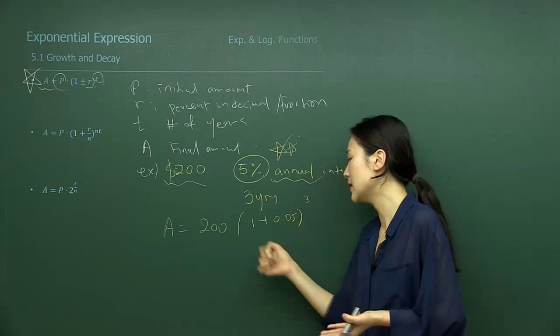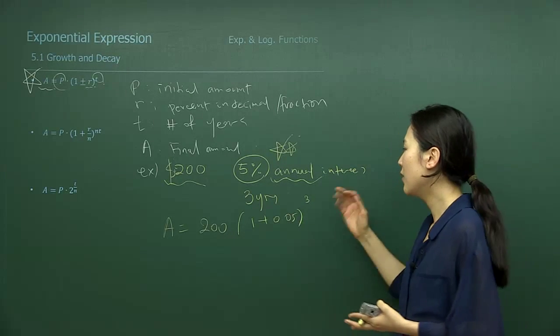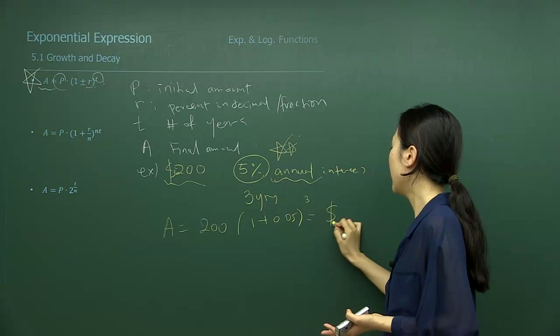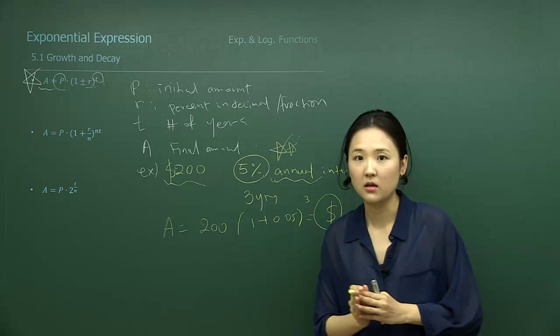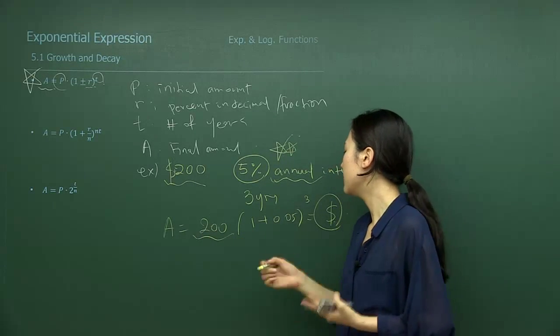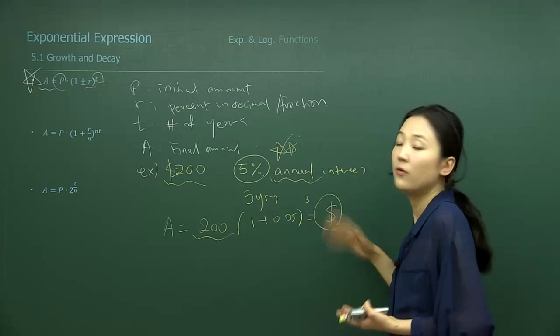And you will obviously need your calculator for this calculation, right? So whatever you get here is the money in dollars that you will be receiving, plus your initially deposited amount as well. So this is the growth formula.